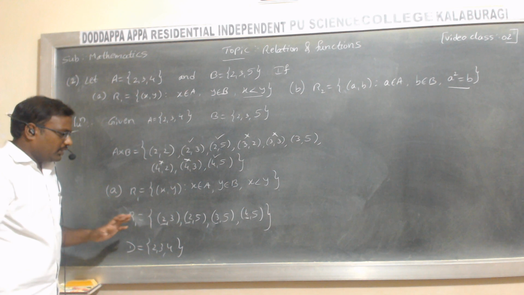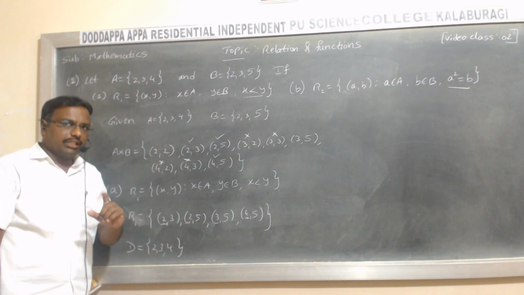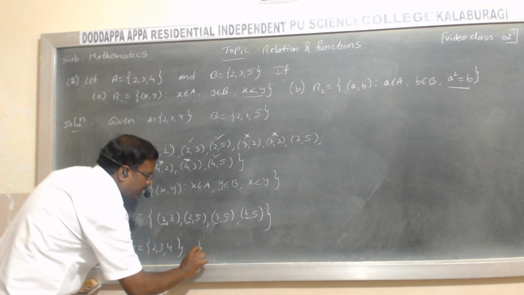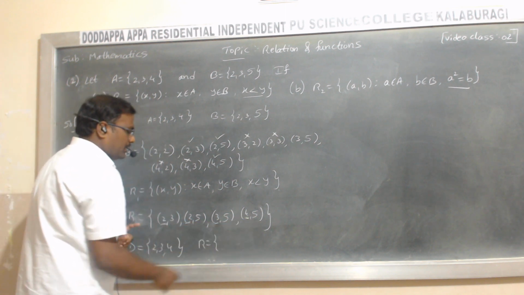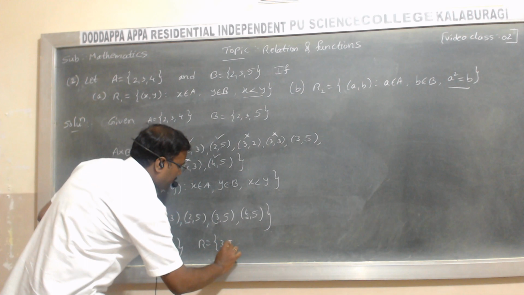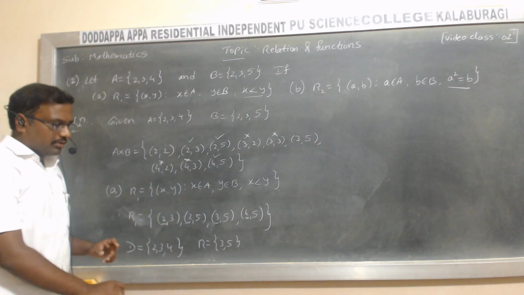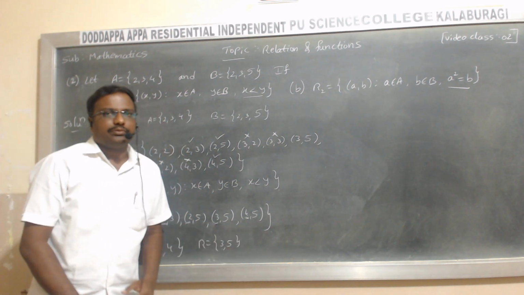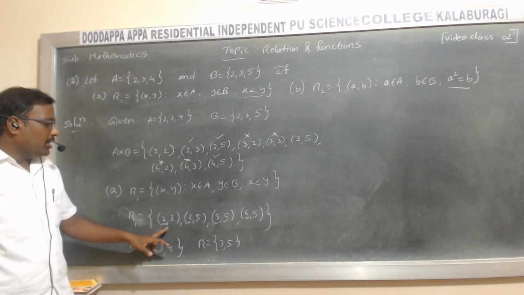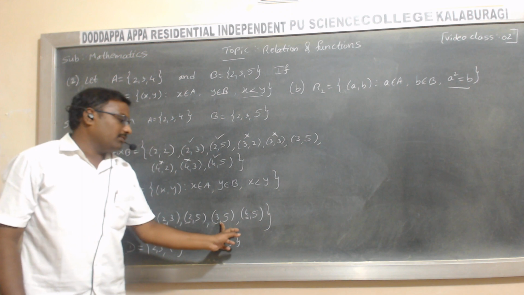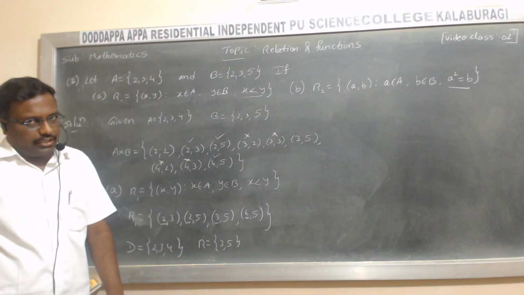That is the domain. Repeated values you can write only one time. And range: range means those that are the second element, that you can take. That is only two values, that is 3, 5. A repeated value can be written only one time. Okay. So we get the relation (2,3), (2,5), (3,5), (4,5).